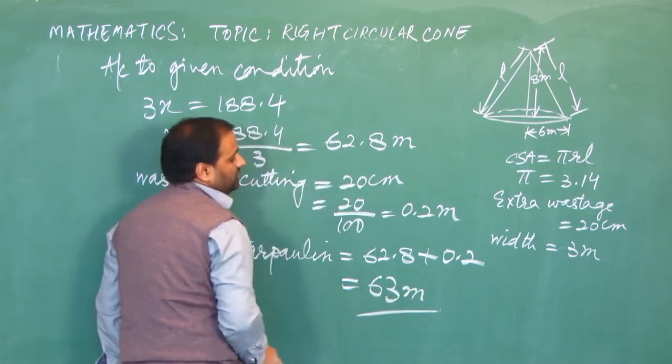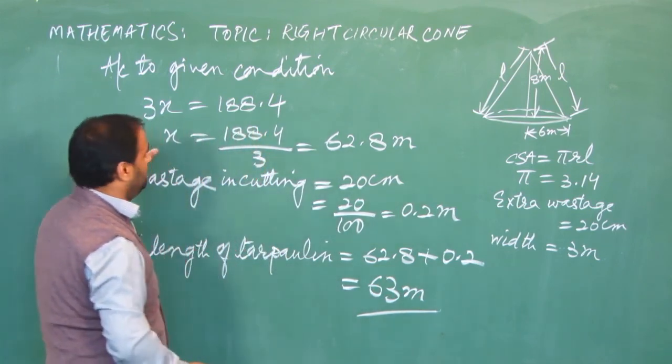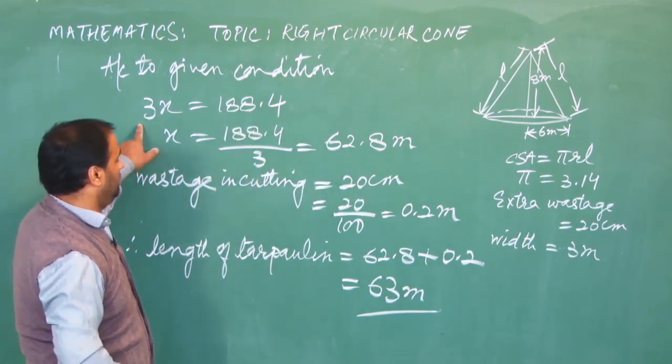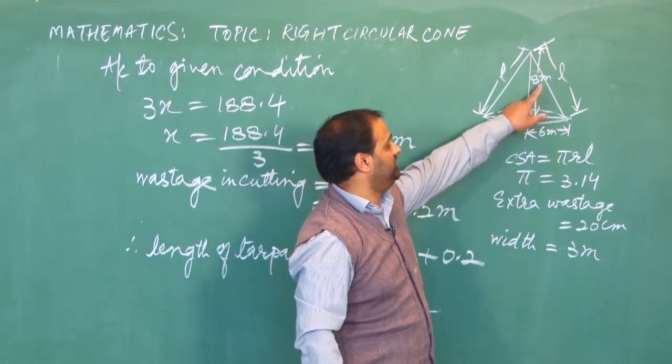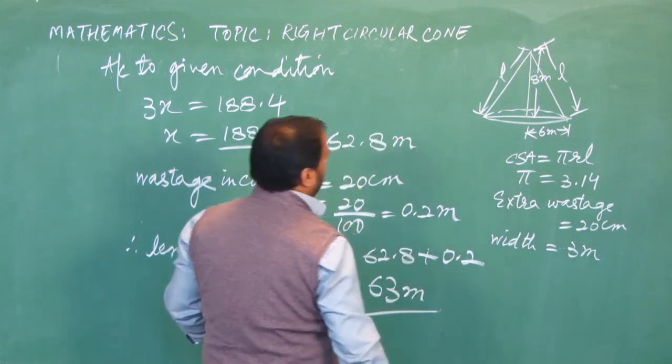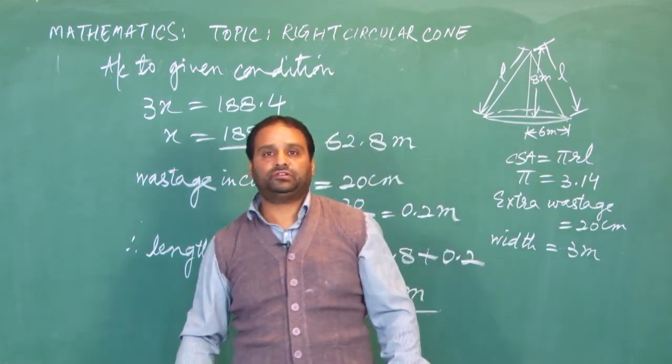So the 63 meters length of that tarpaulin with 3 meters breadth will make us this type of conical tent with radius 6 meters, height 8 meters, and slant height 10 meters. Hope that you have understood that question.